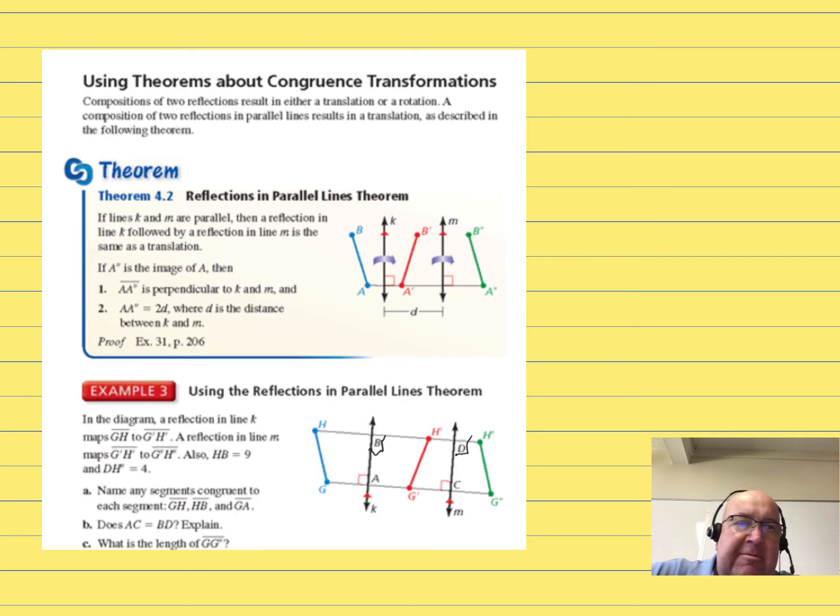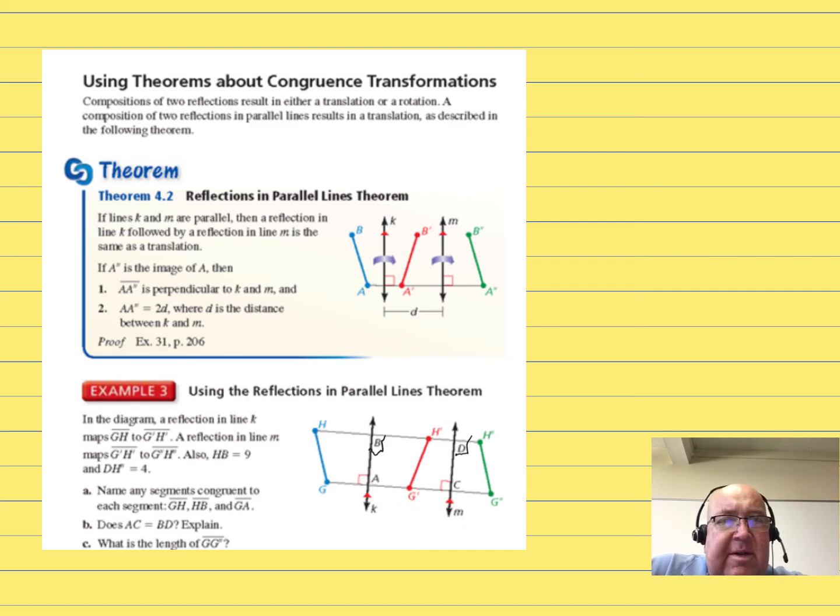Because here's the deal. Angle A has to be 90 degrees. Angles A and B are corresponding interior angles, and they are supplementary. So if angle A is 90 degrees, angle B is 90 degrees. So we know that that's the same.